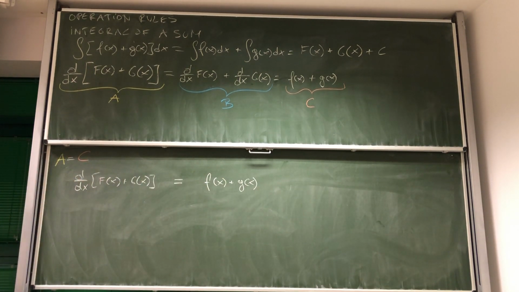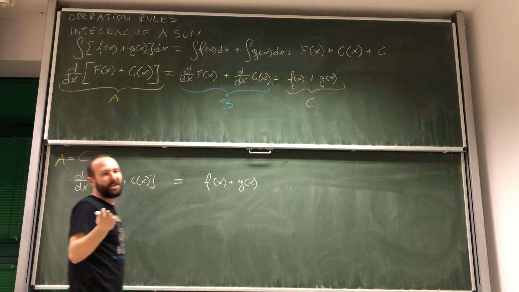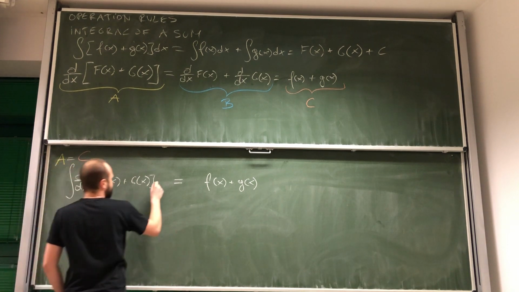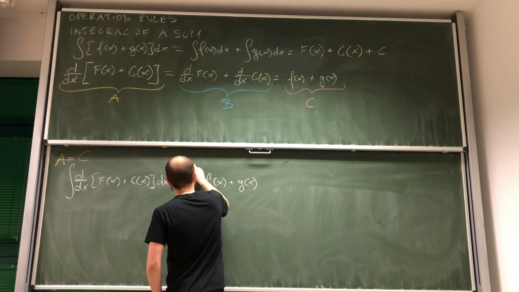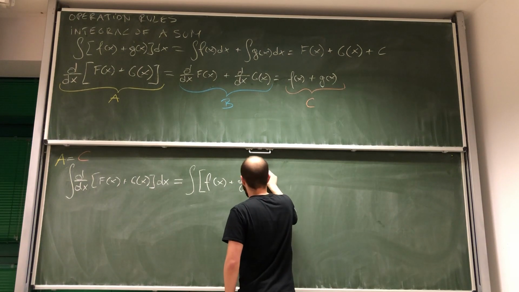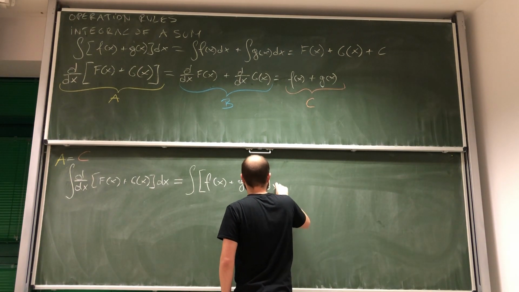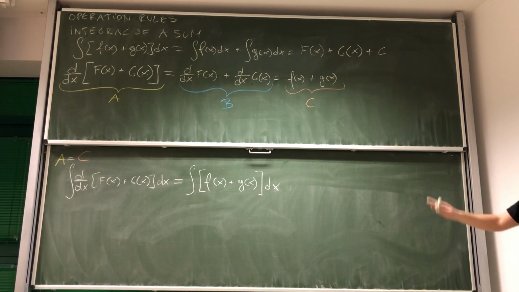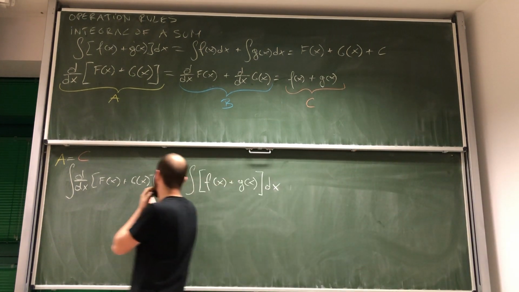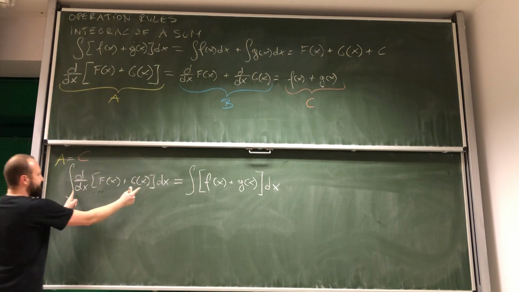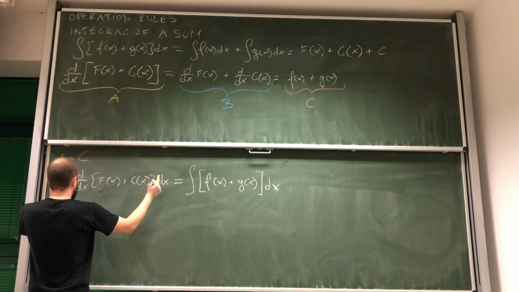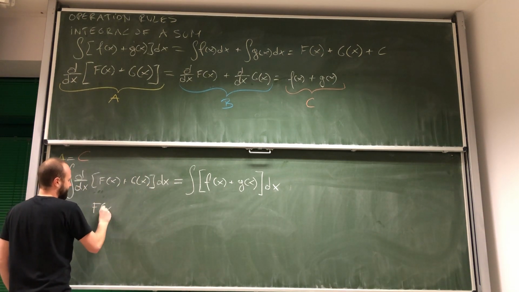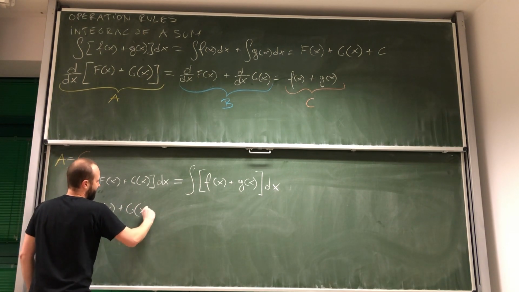Look, if those two are equal to one another, then I can integrate both sides with respect to x. As a result, I'm going to get an expression like this. And look, we right away should know what the integral is, because if this is the derivative of this, then the integral must be equal to F of x plus G of x.